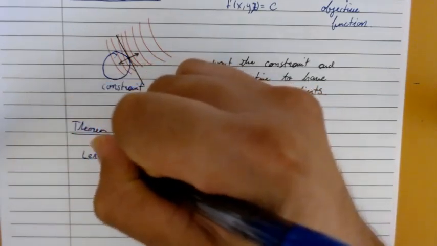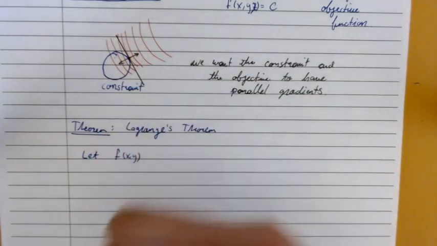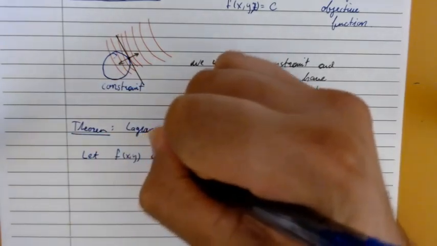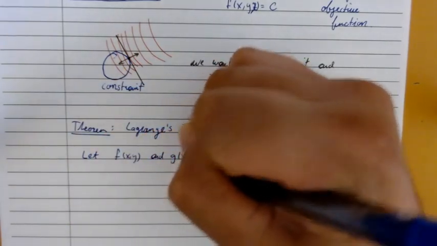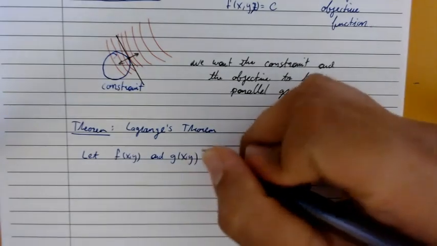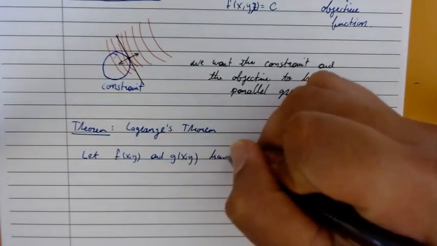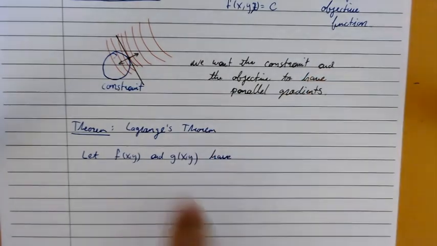Let f of x comma y and g of x comma y have continuous first partial derivatives. So these are two functions of x and y.